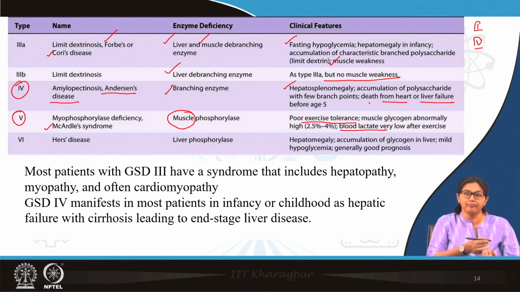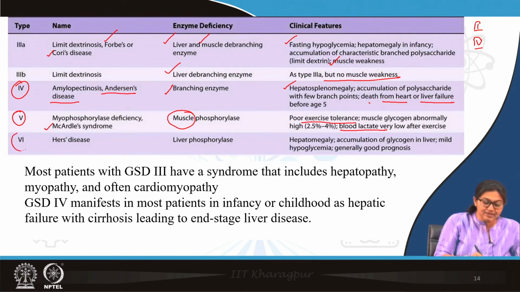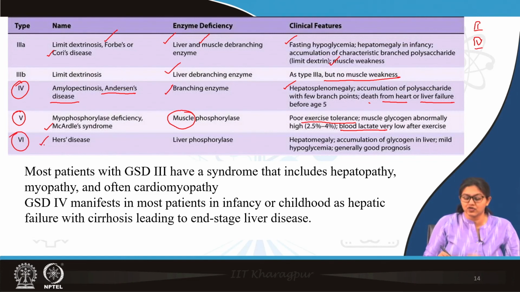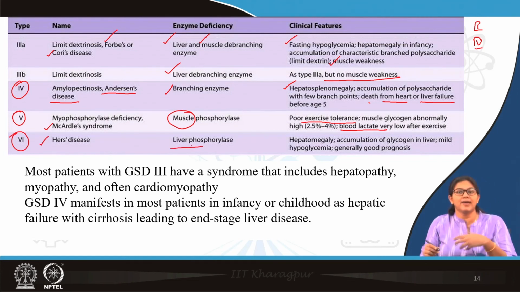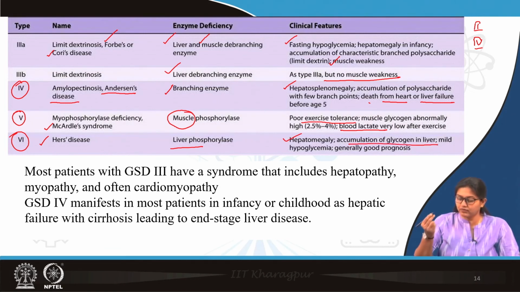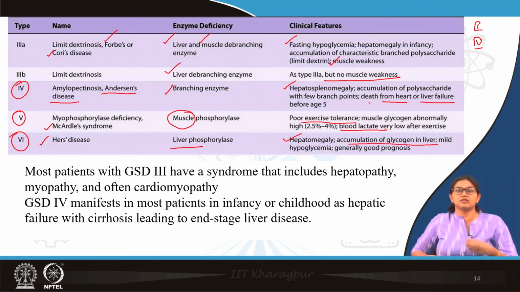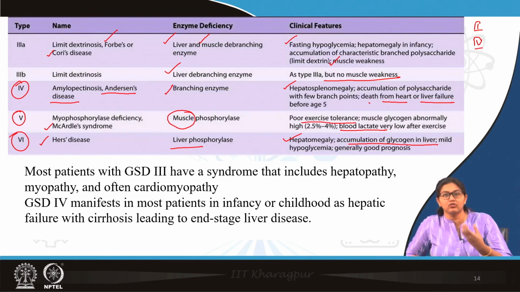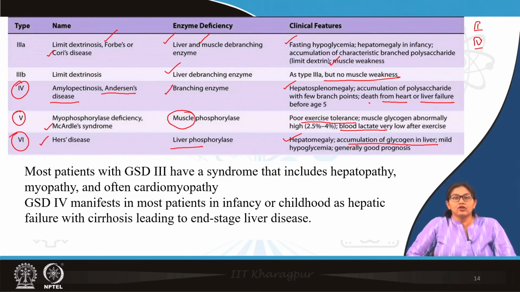Now this is the muscle isoform, which when affected is type 5. Remember, muscle for McArdle's, M for M. And in type 6, which is known as Hers' disease, the liver isoform of phosphorylase is affected, and the manifestations are liver symptoms like hepatomegaly, and fasting hypoglycemia is present. Also there is accumulation of glycogen in the liver, which causes hepatomegaly, and also mild hypoglycemia.